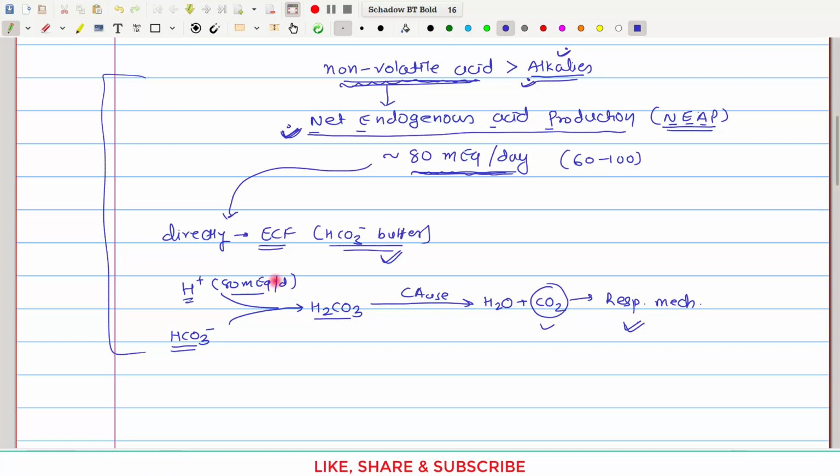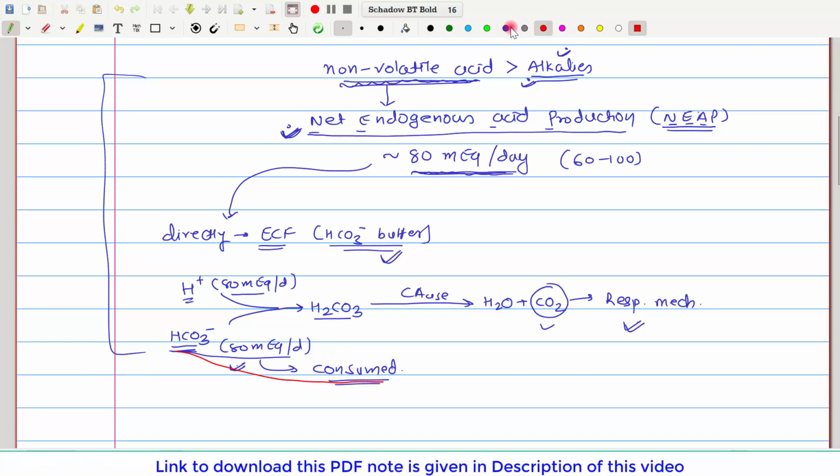So for 80 milliequivalent per day, that much bicarbonate is required. How much bicarbonate is getting consumed? 80 milliequivalent per day. So is this consumption of bicarbonate a problem? Let's try to find out.